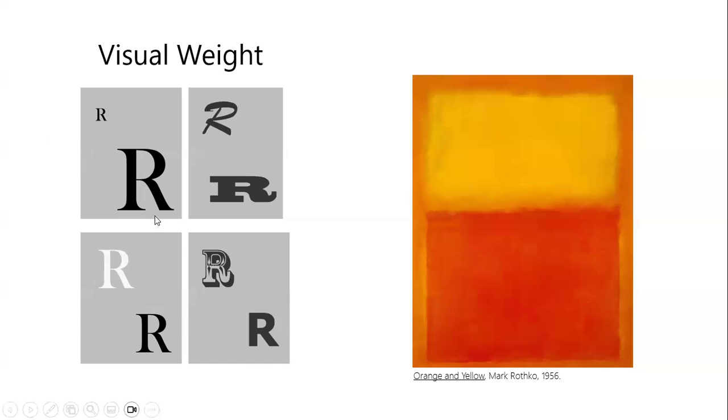The weighted things will draw more attention, but not always. This is visually heavier, and this is visually lighter, but this draws way more of our attention. Okay. And we can see that same kind of idea in the way these shapes float relative to each other, right? The upward and more yellowish rectangle just feels lighter.